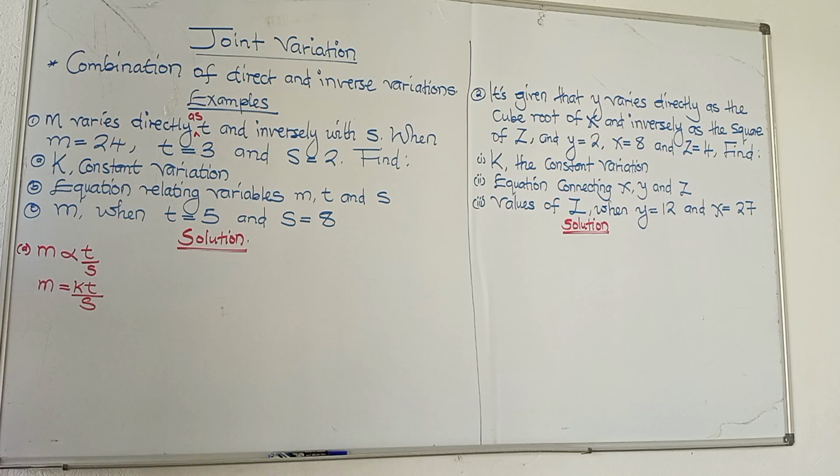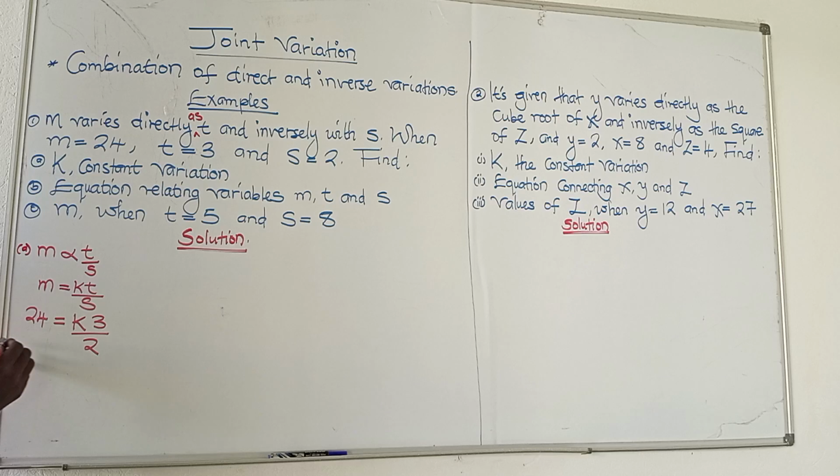Next step, we're going to replace with what we have been given in the question. They're saying M is equal to 24. So where there is M, we put 24, equal to K. Where there is a T, we put 3, over, where there is S, we put 2.